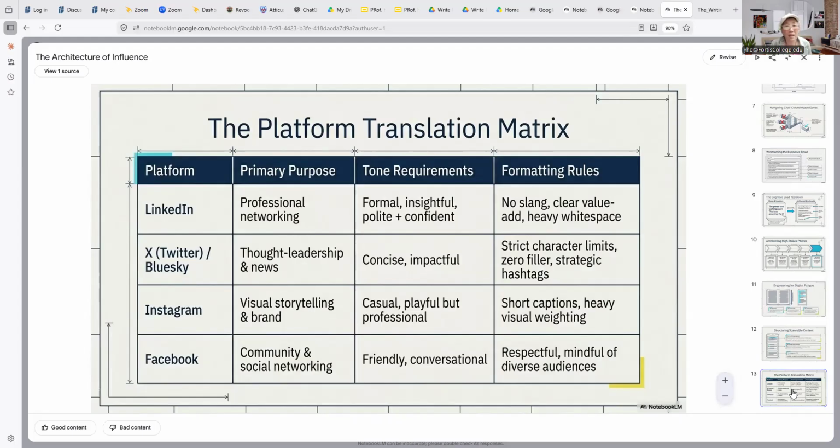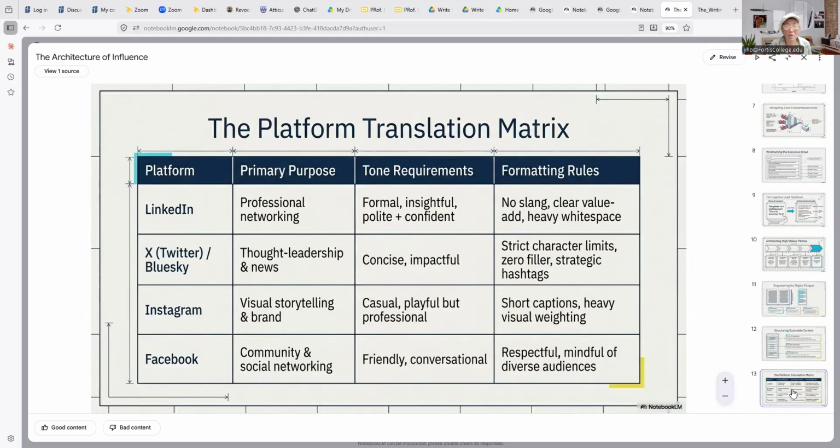On LinkedIn, you want to be professional and networking, and you always want to show that you're the solution to everybody's problem. You talk in a more professional way, with no slang, no cliches, no funny nicknames, no weird sounding dialects. You're formal, insightful, polite, and confident.